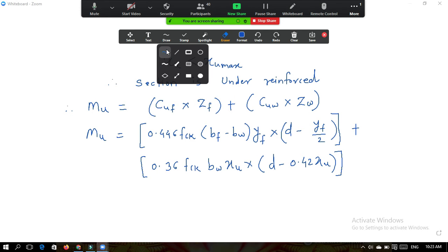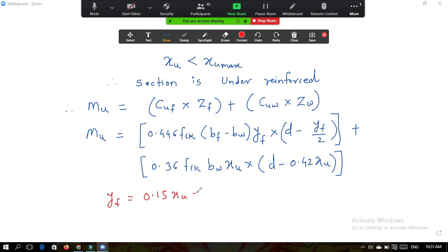So here, first of all, YF is equal to, what is the formula for YF? It is 0.15 XU plus 0.65 DF. So YF is equal to 0.15 into XU. The value of XU we need to enter over here. So XU is 85.45.